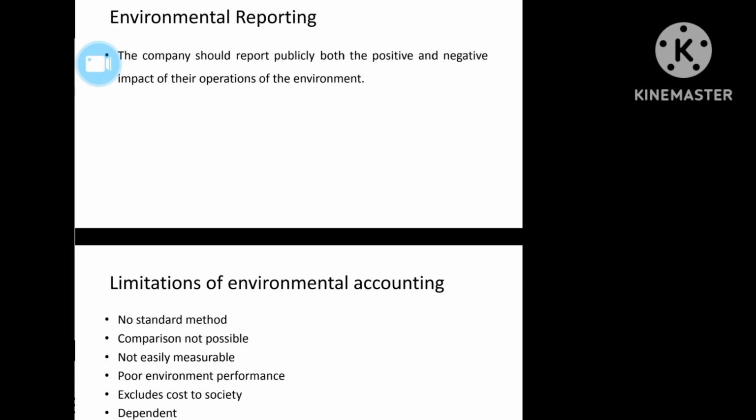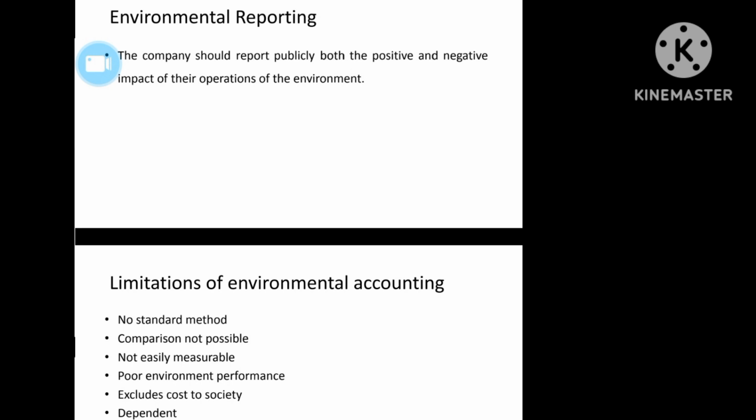This report should publicly disclose the information, both the positive and negative impact of the operations on the environment: what good the entity has done to the environment and what harm it has caused. For example, certain entities plant trees. Those are the positive impact that they are trying to bring to the environment.